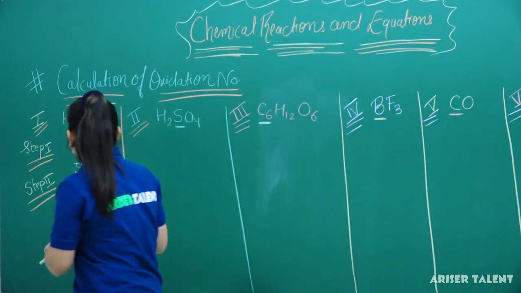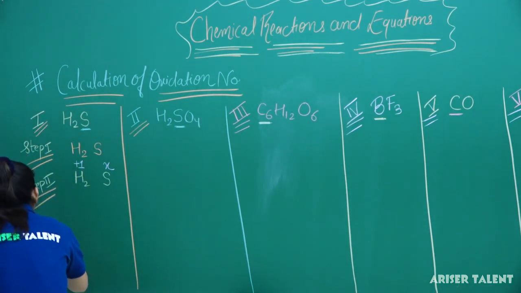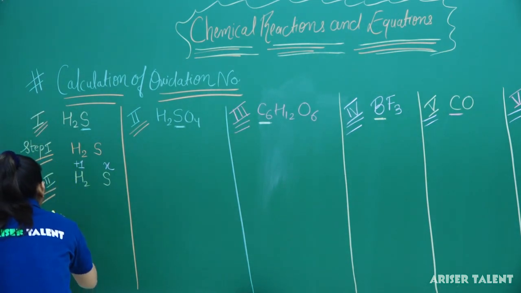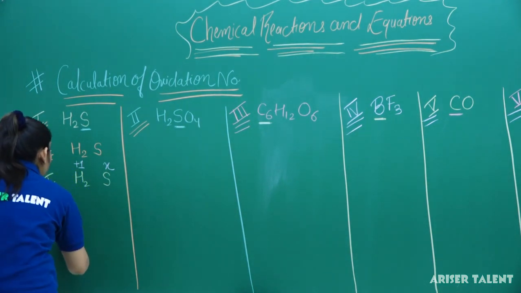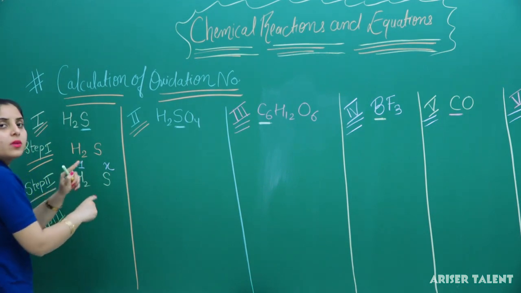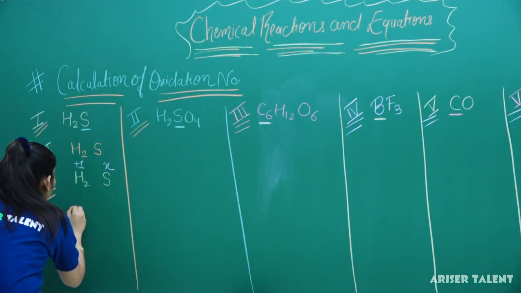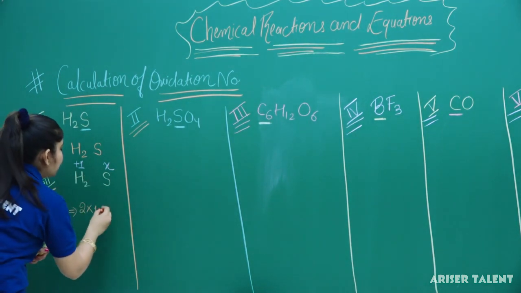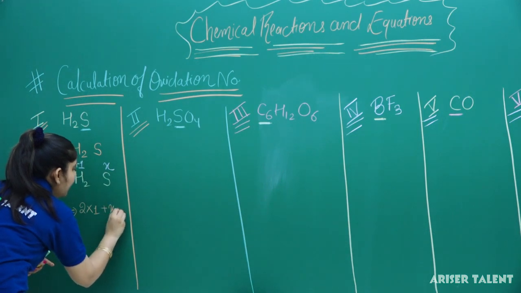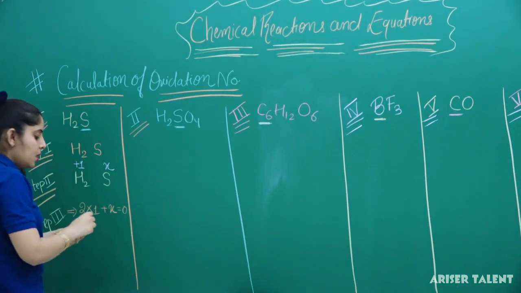Now in step number 3, we will calculate the oxidation state. We have 2 atoms of hydrogen here, so I will write 2 into 1 plus X, equal to 0.